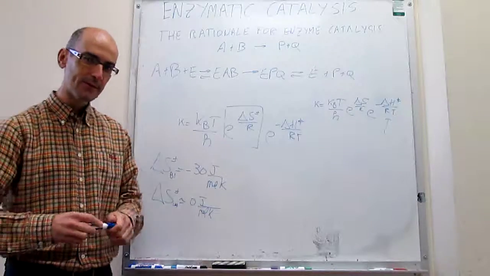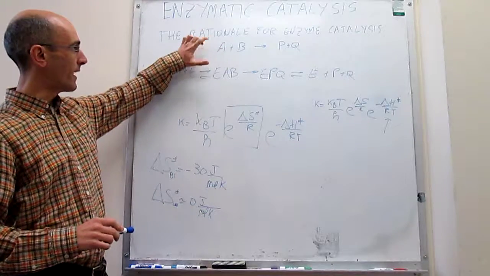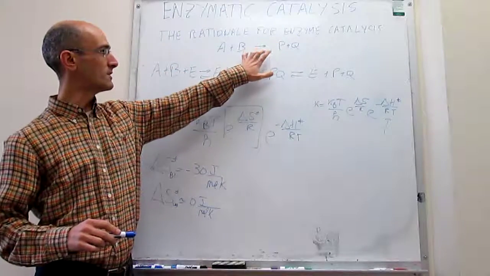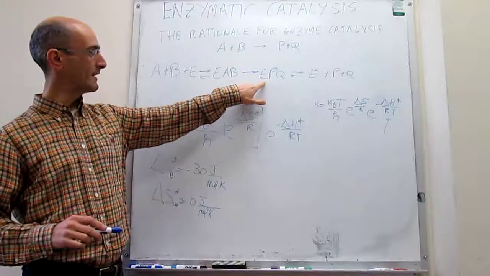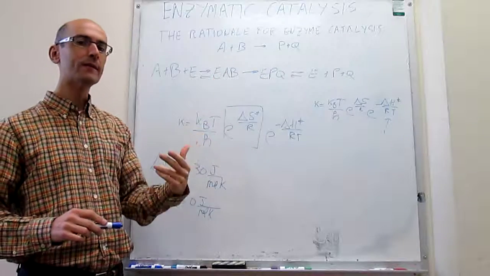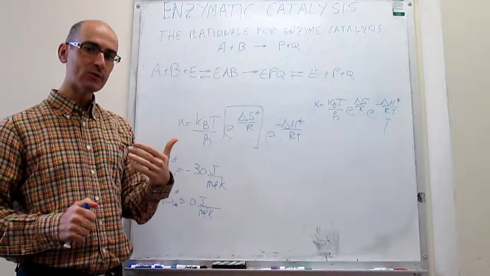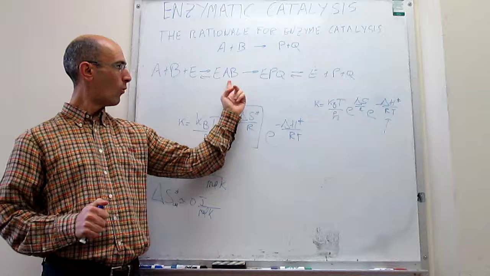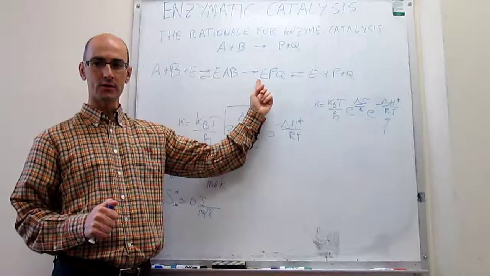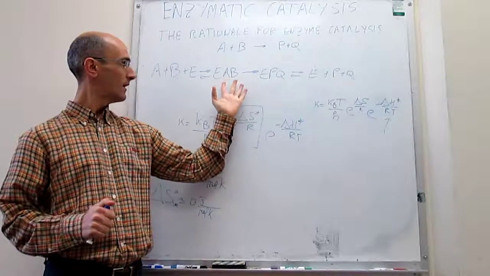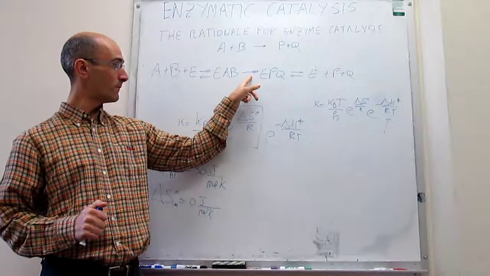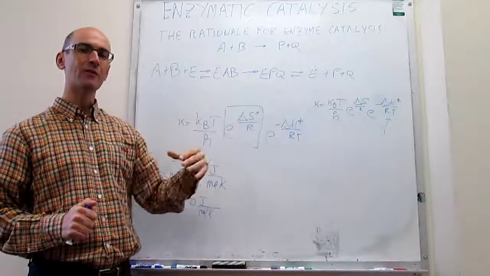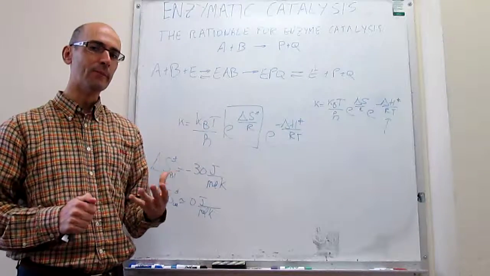Something interesting that happens when you compare the uncatalyzed reaction to the catalyzed reaction is that clearly the uncatalyzed reaction is bimolecular. But when you have the catalyzed reaction, the rate limiting step, the step that usually has the higher barrier, happens to be unimolecular. You have one species turning into another species. So the transition state will be right in the middle, right here, and the entropy of activation in this rate limiting step will be zero or even positive.